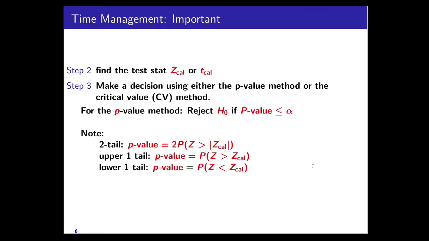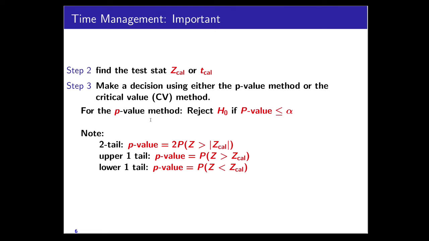Step number 2, we need to find the test statistic, the z calculated value or t calculated value, based on whether or not we have a z-test or t-test. And then step number 3, we make a decision using either the p-value method or the critical value method.